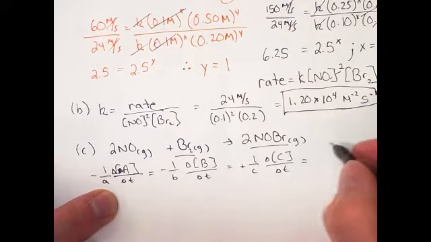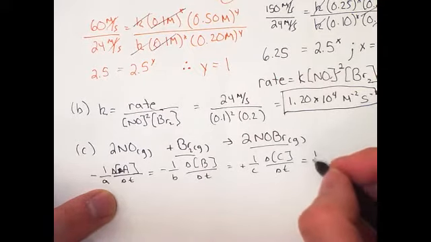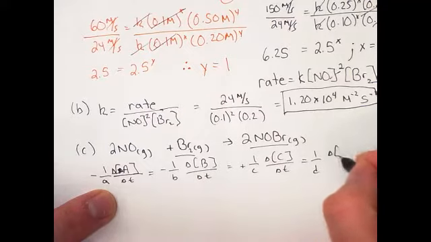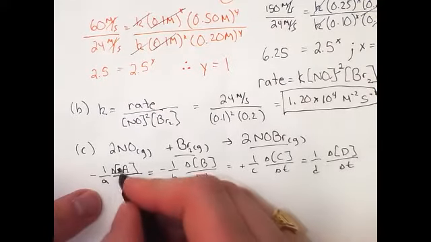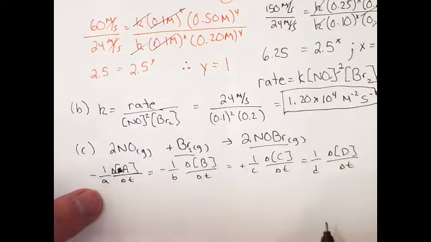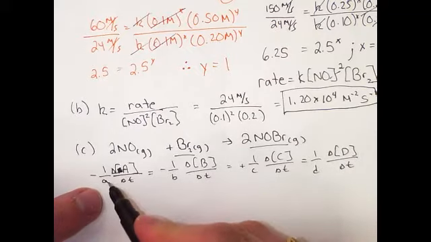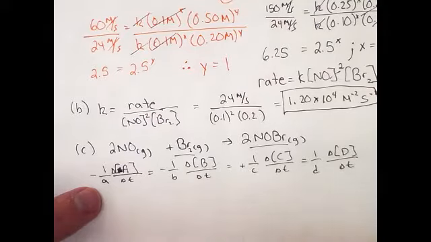Basically this is how we use the stoichiometric coefficients to calculate the rates and how they're related to each other. So what we do is we take the coefficient, take the inverse of it and put it out front, and then we can actually talk about them directly.